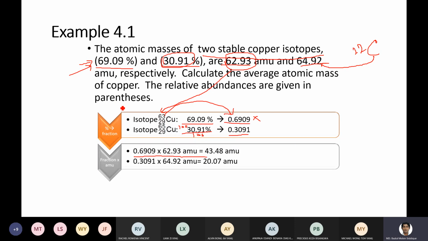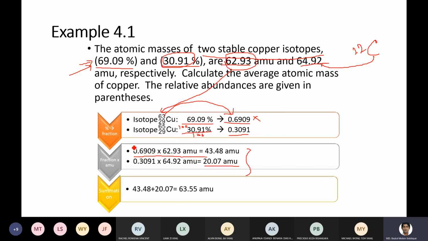And the same goes for this 65. We multiply this, and then we find the average. The sum of this will be 63 point something, 63.55, right? So this is the average mass unit of this copper element in nature, all considered together.